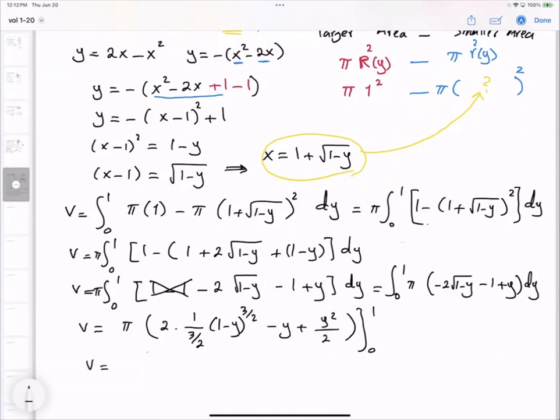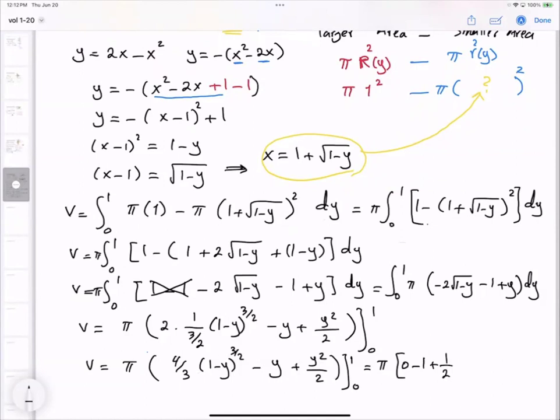So the volume is pi. You get 4/3 times (1 minus y) to the 3/2, minus y plus y squared divided by 2, between 0 and 1. But plug in 1, and this guy becomes 0. So far you have pi times 0 minus 1 plus a half, and then plug in 0, these two terms disappear.